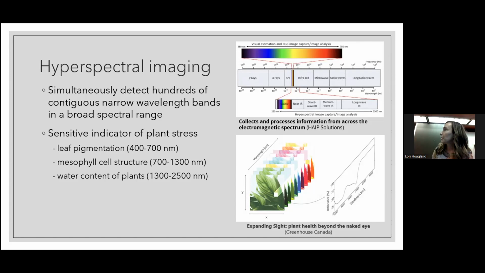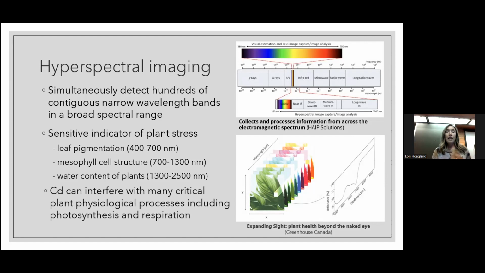Depending on the wavelengths, you can detect very minute changes in leaf pigmentation, mesophyll cell structure, and even water content, so a lot of people are using these in drought. With heavy metals we don't see really strong visible signatures, but we know things like cadmium can negatively impact plant physiological processes like chlorophyll, photosynthesis, and respiration that we might be able to detect.